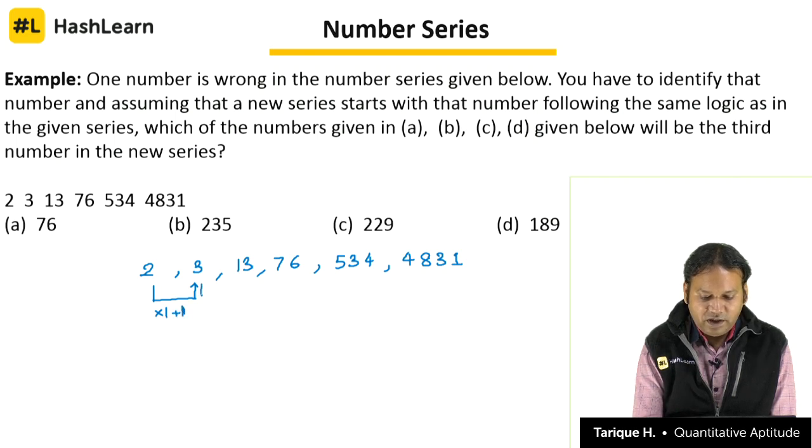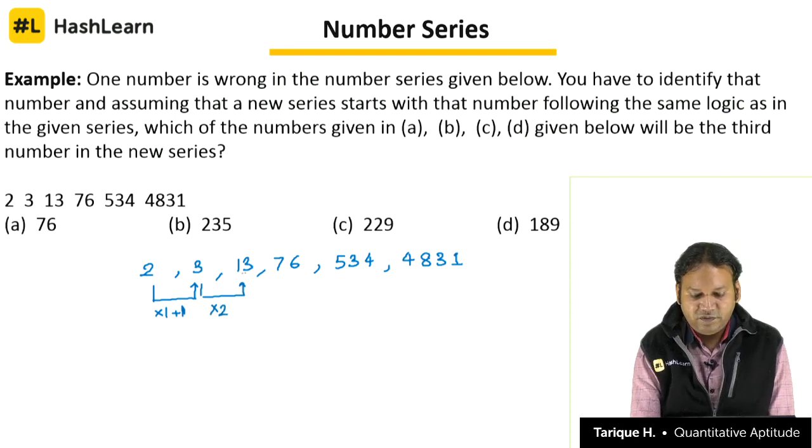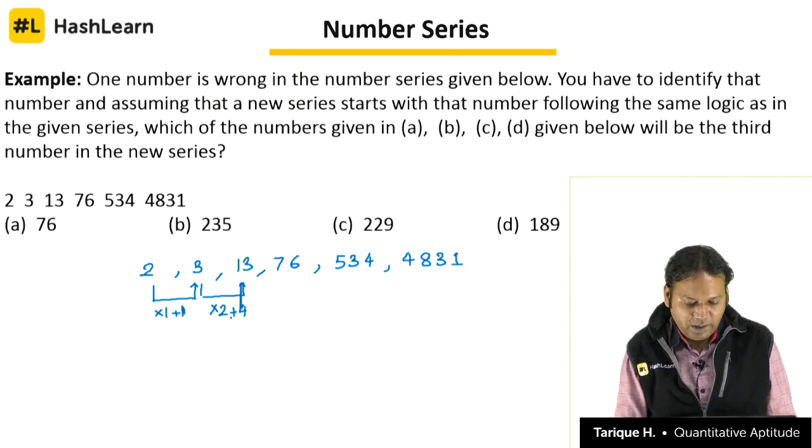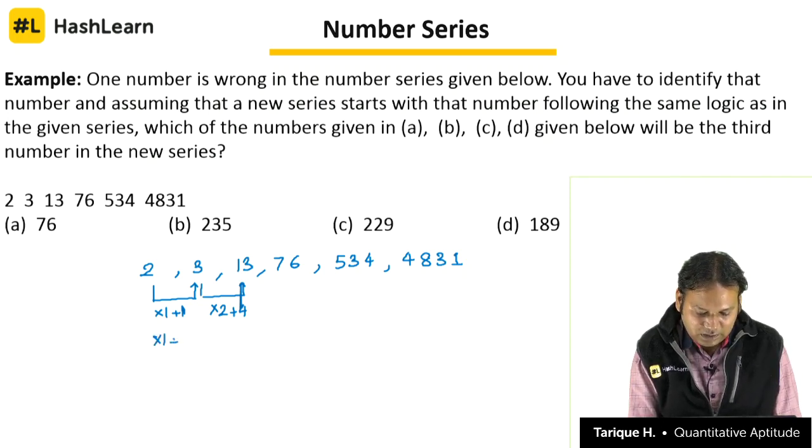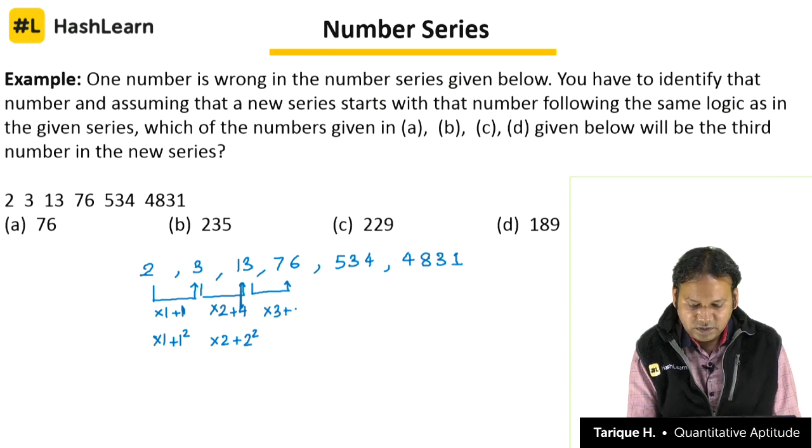Normally when we do into 1, we try with into 2. 3 into 2 is 6 plus 4, that means plus 4. Into 1 plus 1 square, into 2 plus 2 square. Next one should then be into 3 plus 3 square.